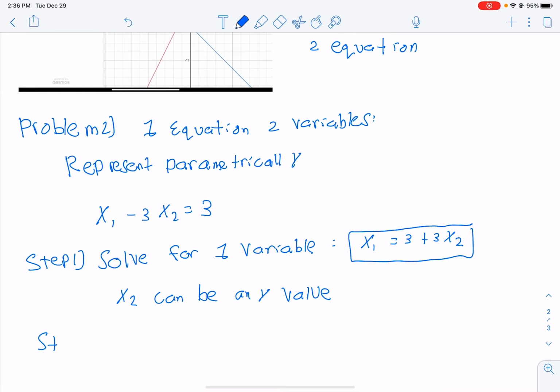So step 2, I need to define a parameter. Define parameter t to show it's a free variable.